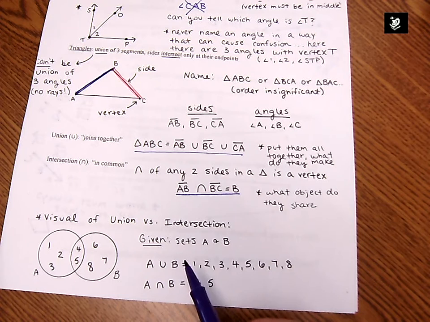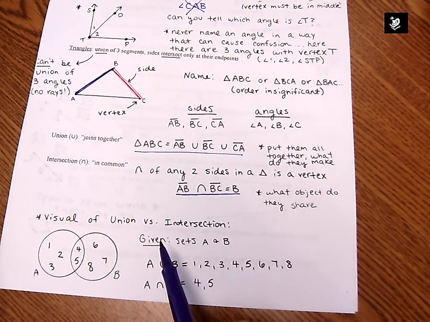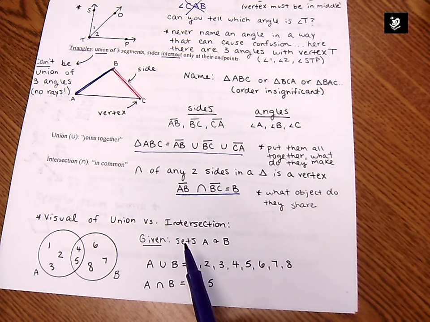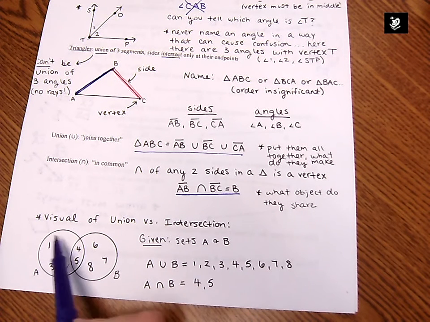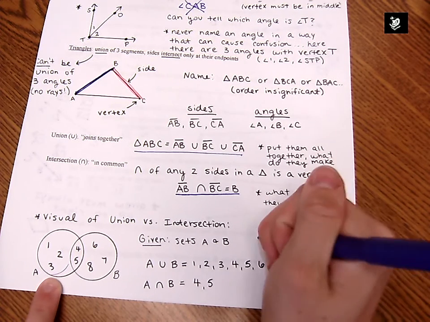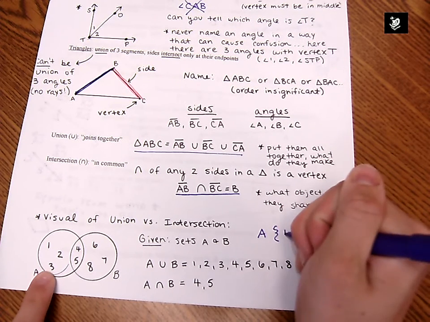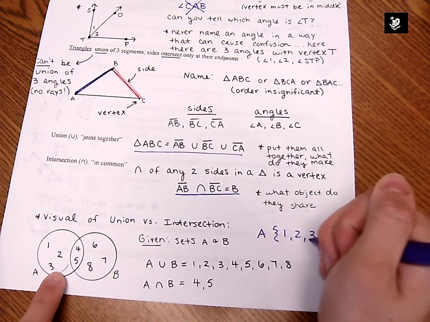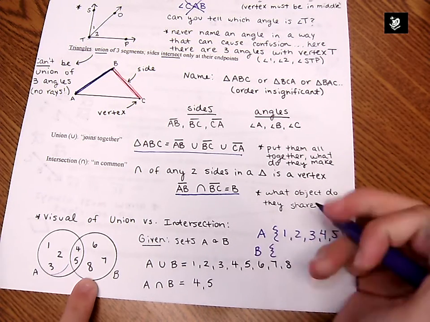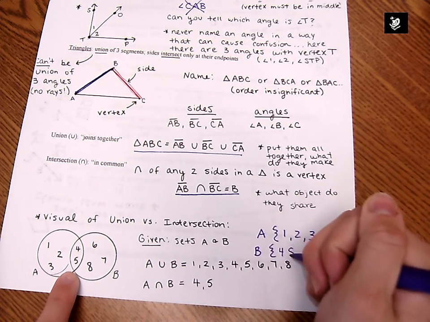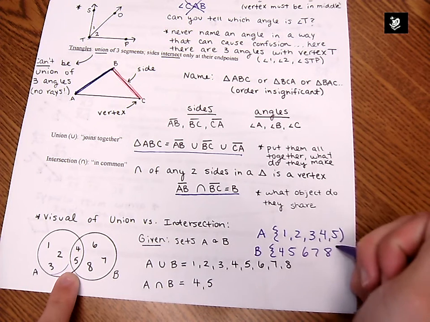If that's a little confusing to you, there's another visual representation here. This is actually how I learned it in college. We talked about sets. A set could be a group of numbers, letters, whatever it may be. So I have these two sets, set A and set B. Set A consists of the numbers 1, 2, 3, 4, and 5. And set B consists of the numbers 4, 5, 6, 7, and 8.